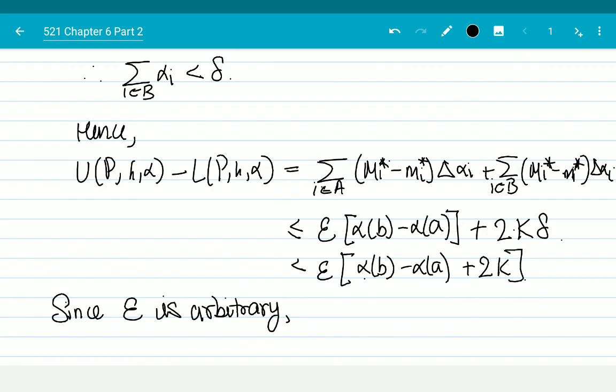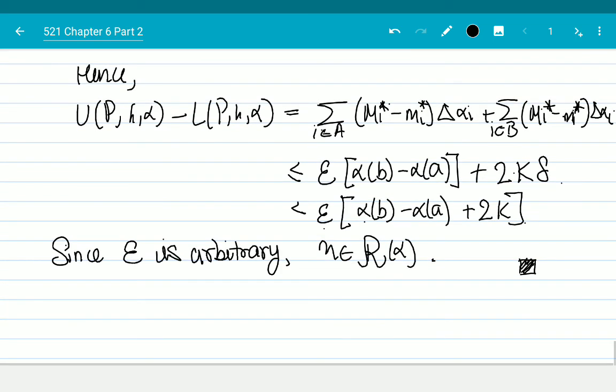Use that instead of epsilon here and get that U of P, h, alpha minus L of P, h, alpha is smaller than epsilon. And hence h belongs to R alpha, as required. Okay.